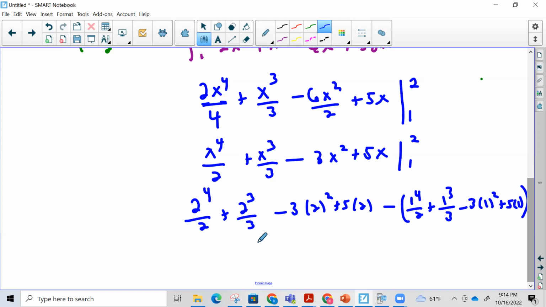So the first part, I got 26 over 3 minus 53 over 6. And then I can subtract them.